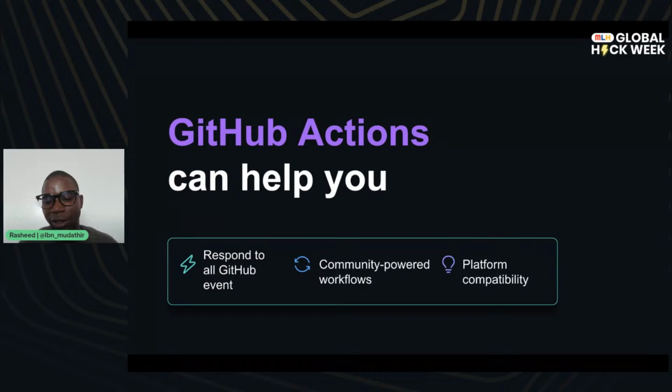Lastly, it is platform compatibility. If you want to run on AWS, Azure, Google Cloud, DigitalOcean, or whichever cloud service you want to use, you have the ability to authenticate onto these platforms.